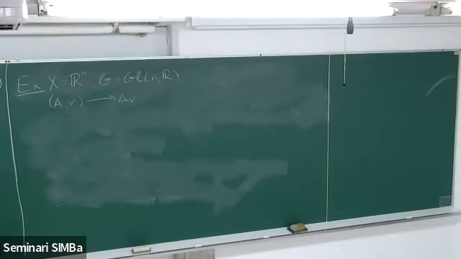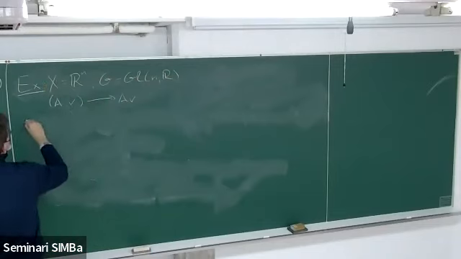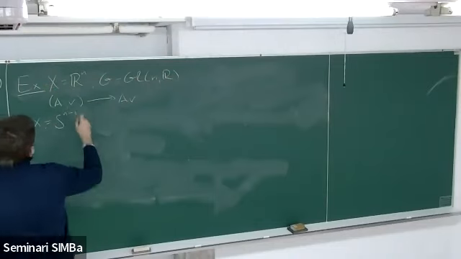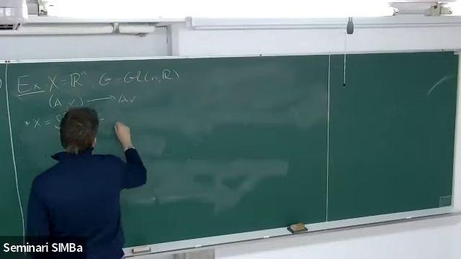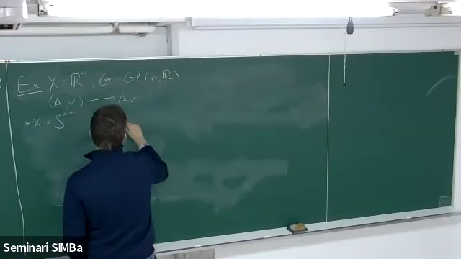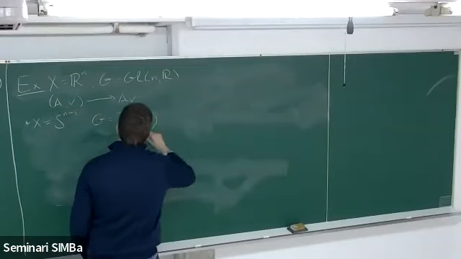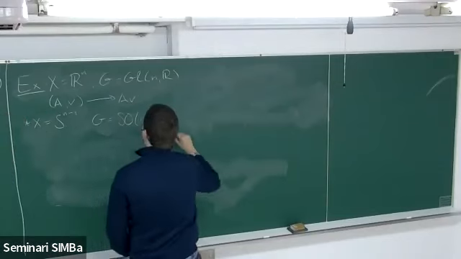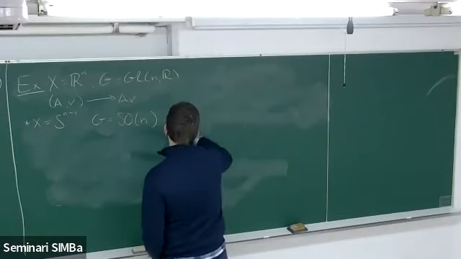This is called a linear action. Another example: if we take X to be the sphere inside R^n and G to be the orthogonal group, so it preserves the norm, we also have the same action.